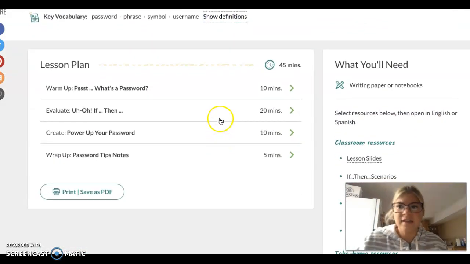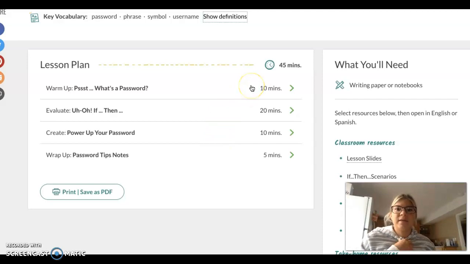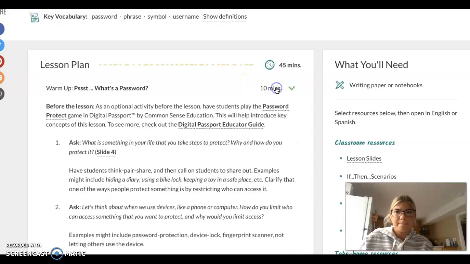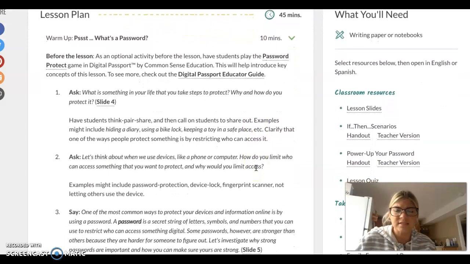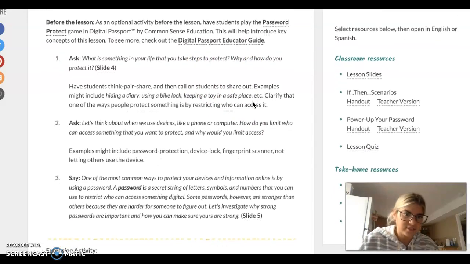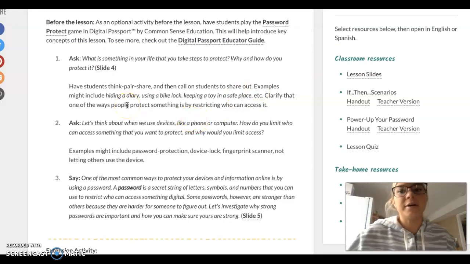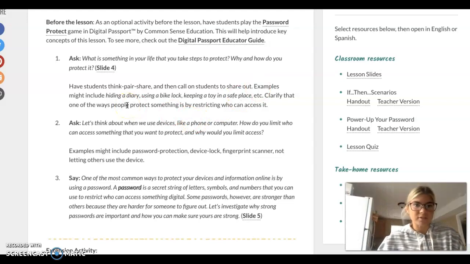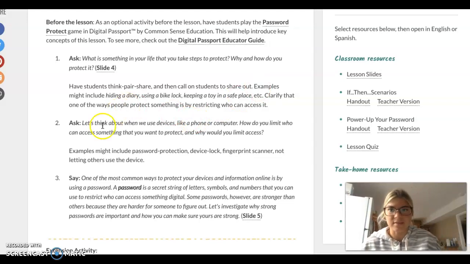After that, the lesson plan begins with a warm-up. It's some interactive questions you can ask, like what is something in your life that you take steps to protect? Why and how do you protect it? This gets them to show what they want to protect, and then why it would be important to use a password, because you want to protect something.